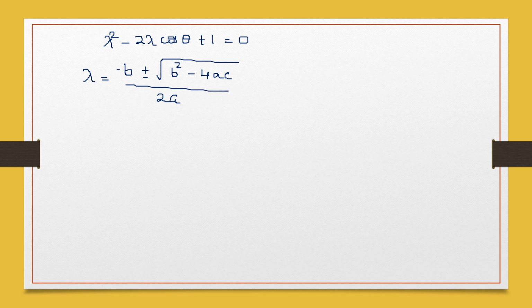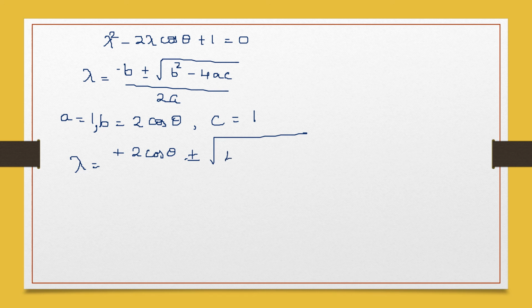So here a is 1 from the above equation, b is minus 2 cos theta, and c is again 1. So lambda will be minus of minus 2 cos theta, so plus 2 cos theta, plus or minus root of 4 cos square theta minus 4 into a into c, that is 4, divided by 2 into a, that is 2.